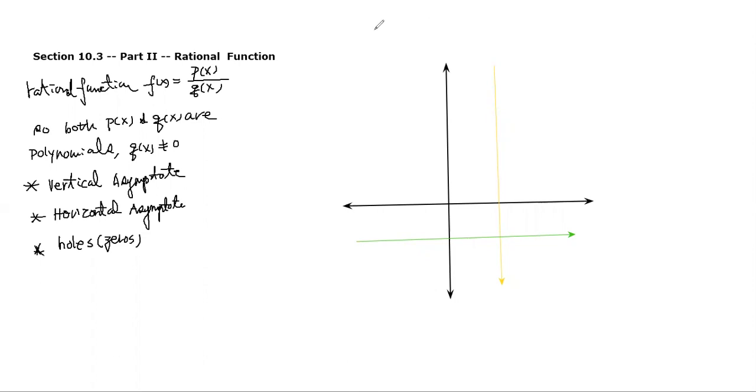So this one, the yellow one, we call the vertical asymptote. And these green ones here, I'm calling the horizontal asymptote.